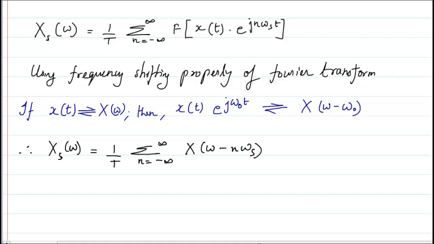We know that omega is generally equal to 2 pi f, where 2 pi is just a constant and f is the frequency.